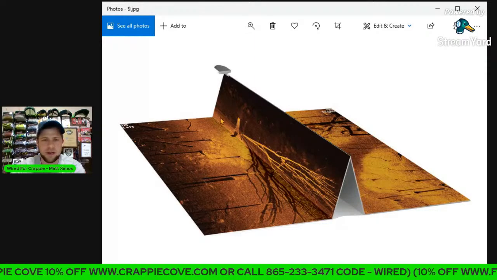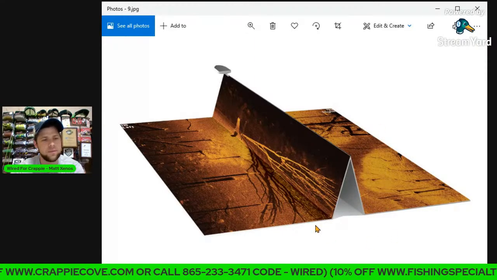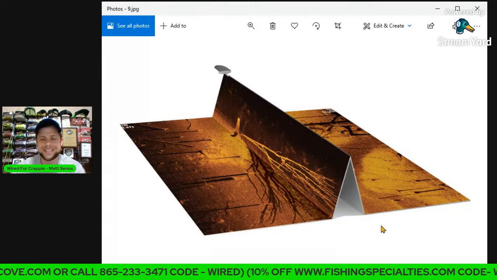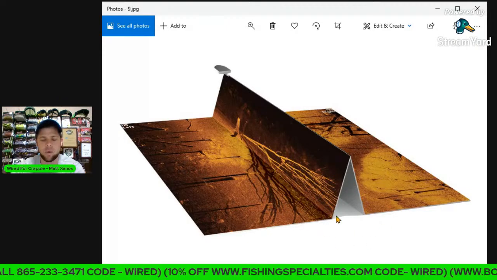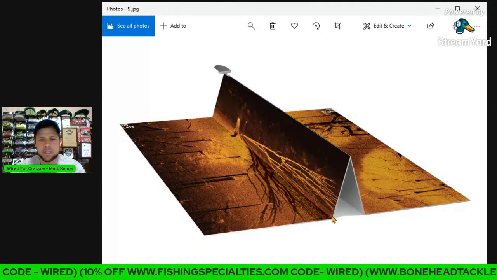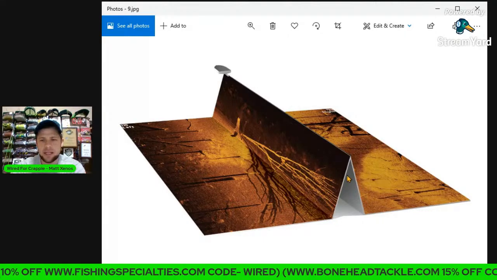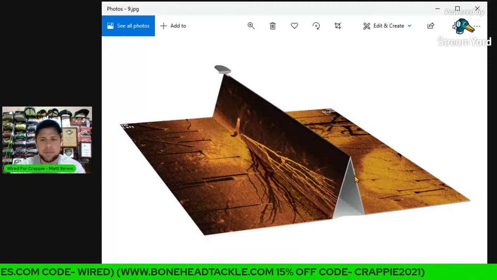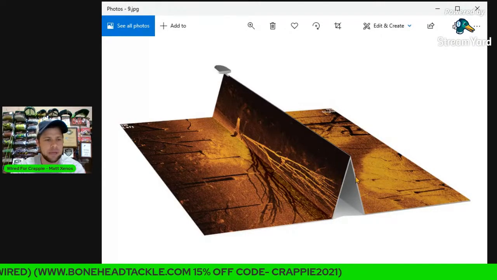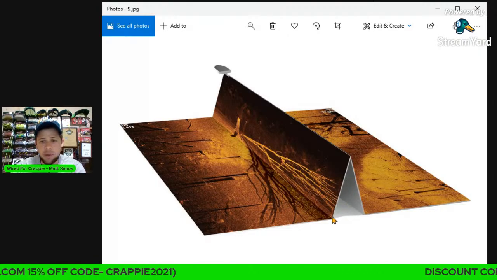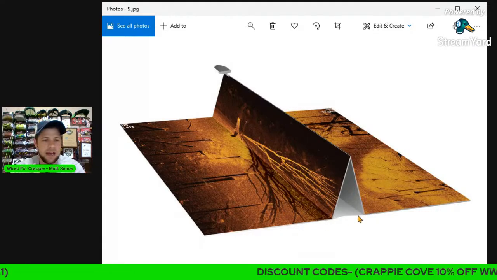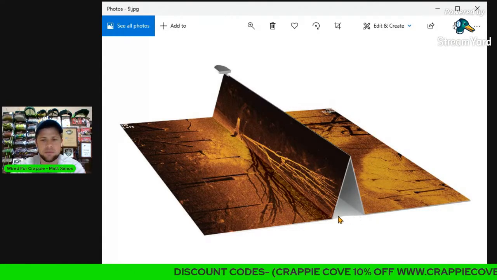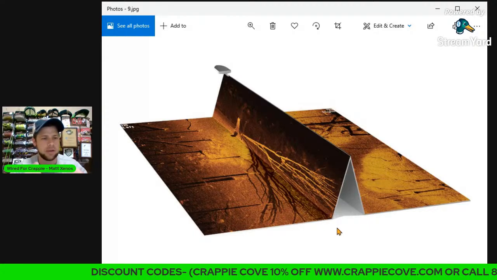So this is a very, very good example, and I wanted to show this first because it shows you exactly how that beam orientation is and how much. So now keep in mind, if you're in 3 feet of water and you're up here, it might only be 6 or 7 feet that you're looking at of lake bottom on your down imaging. If you're in 30 or 40 feet of water and the bottom's down here, that may be 25, 30, 35 feet of lake bottom that you're looking at on your down imaging.